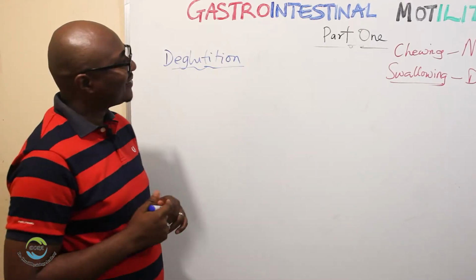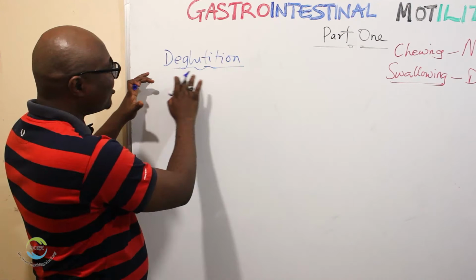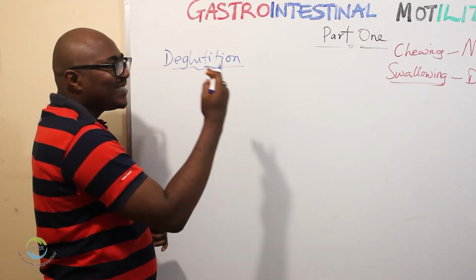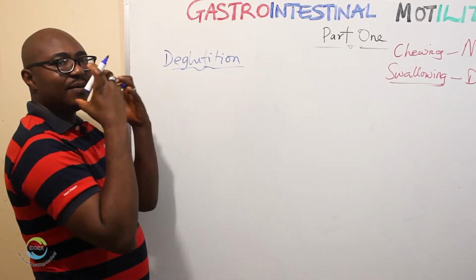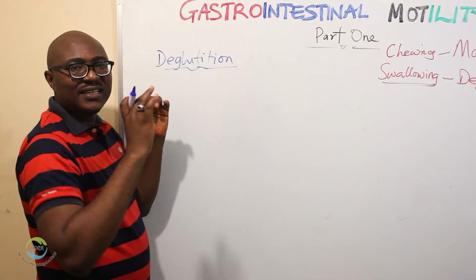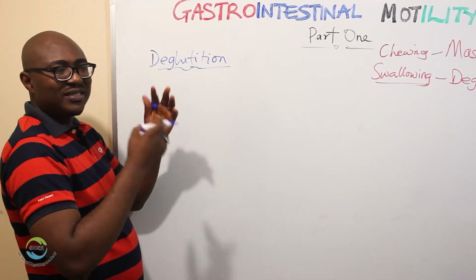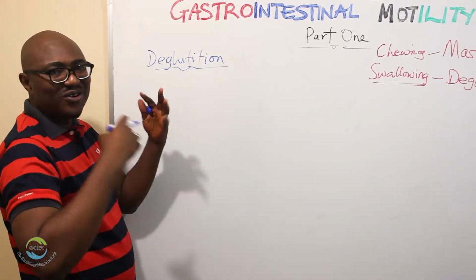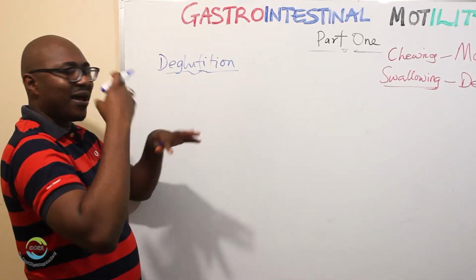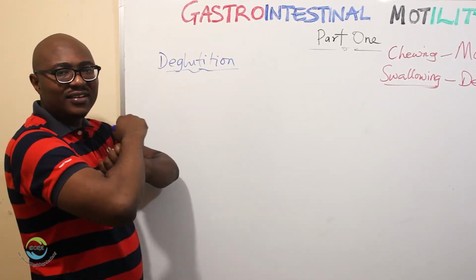Right, welcome back. So we're now going to deal with the second part of motility in the mouth. Now, the muscles of mastication in combination with the teeth and the tongue, they've helped to chew the food and chew and chew and roll it around and mix it with saliva.